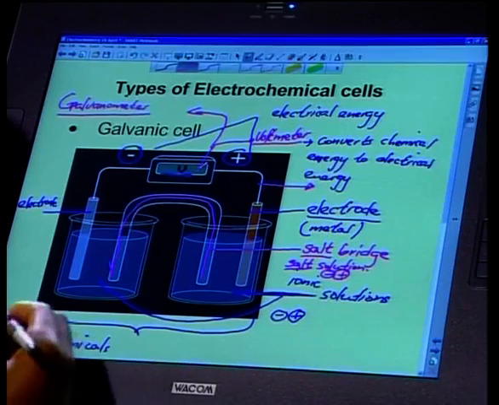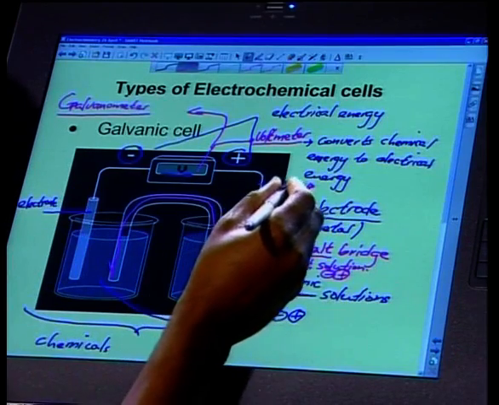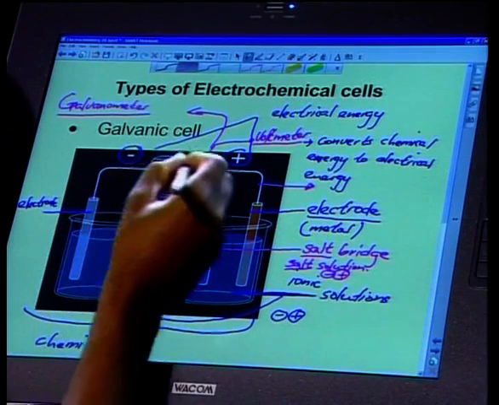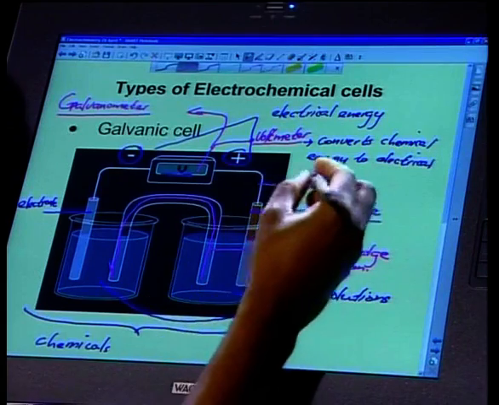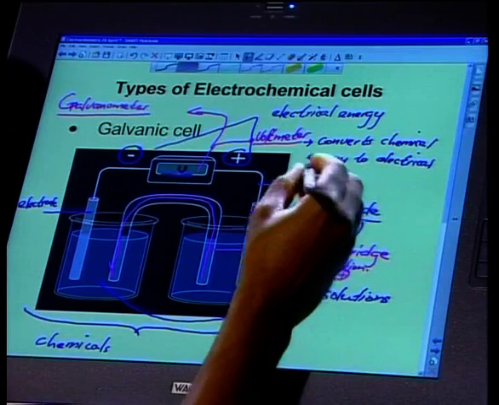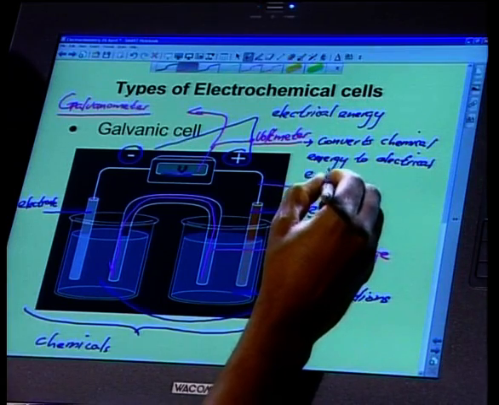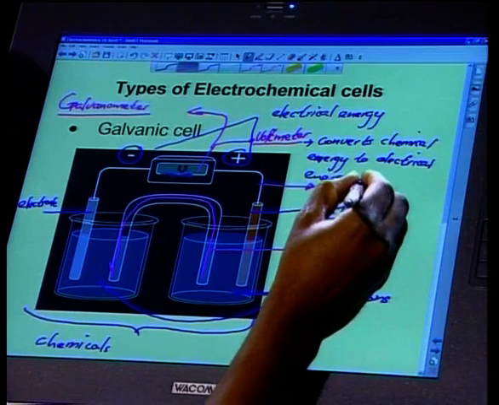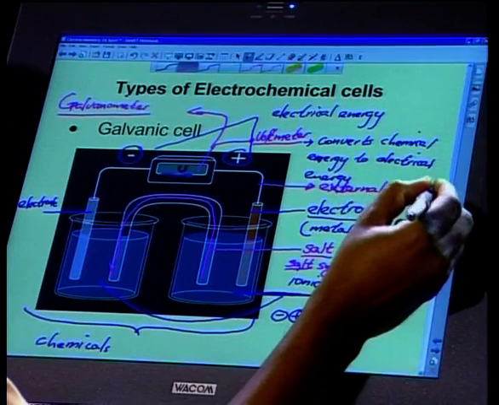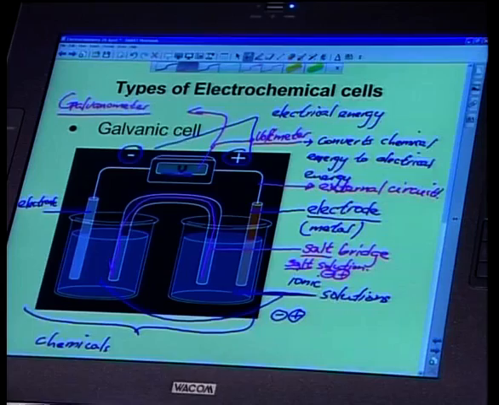Now, so we have this, and you would see that the external part from here to there is actually wires and electrical equipment, and we call this the external circuit of the galvanic cell, or of our cell there. We call it the external circuit.